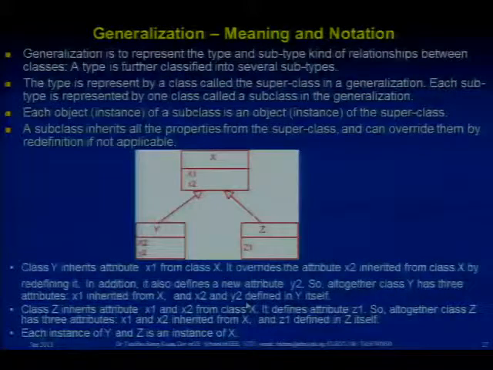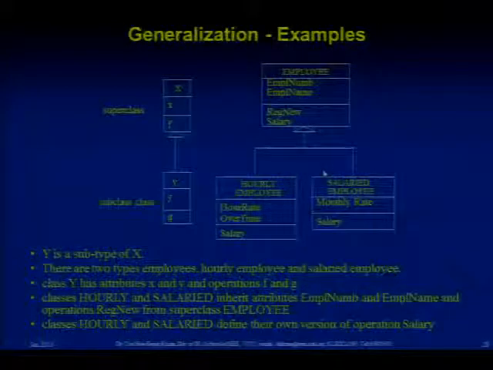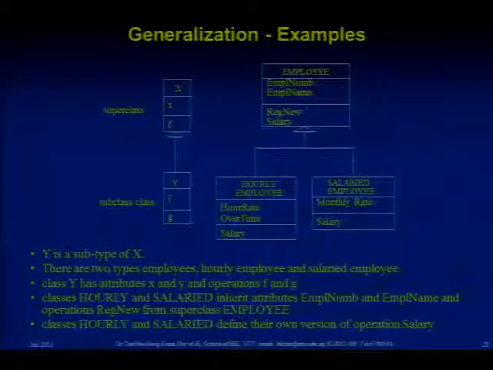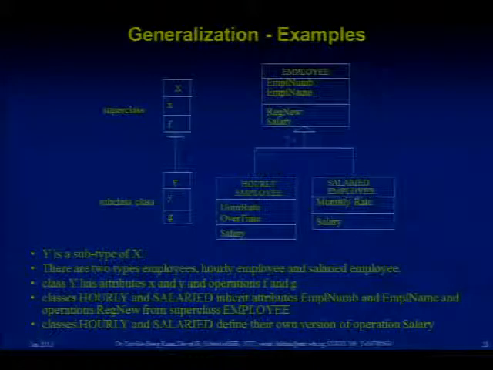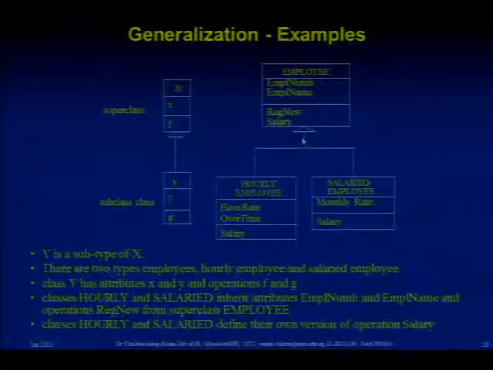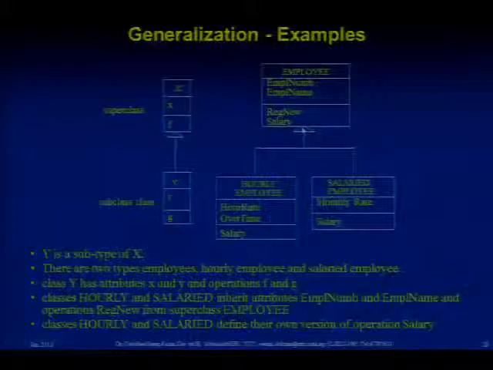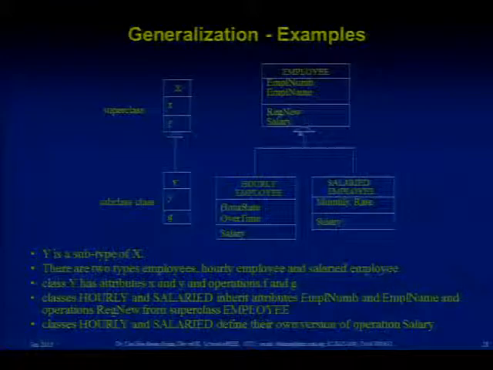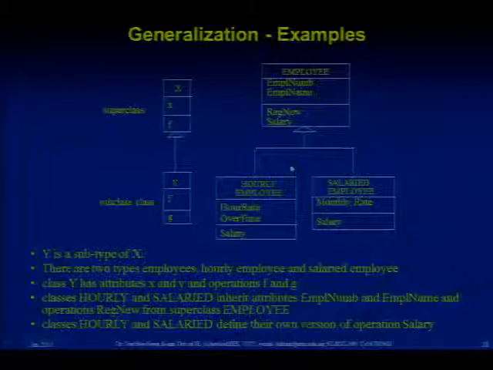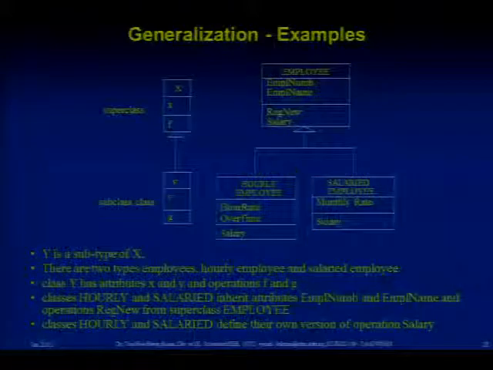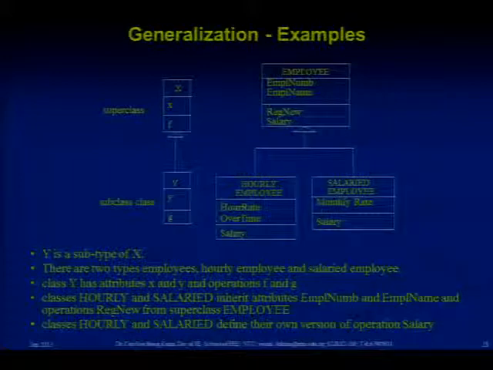If you have multiple subclasses, you can also join all the subclasses together as such. Draw a line to join them together, then after that, just use one arrow to point to the superclass. That is the second alternative for you to draw a generalization in a class diagram. So we have two alternative notations. Later you will see that for aggregation we also have two alternative notations. I will show you later.